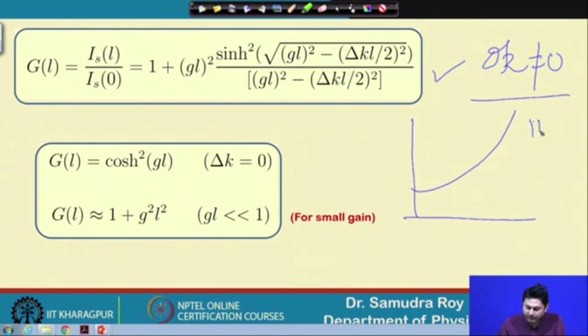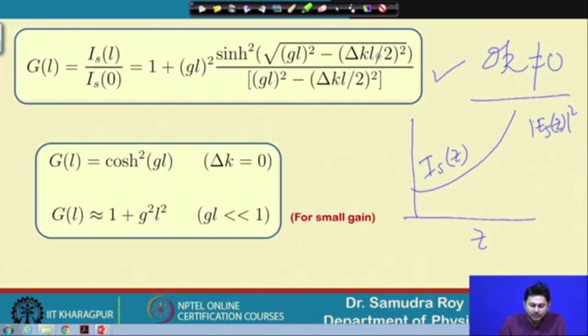This plot we have already shown, how the mod of V square, or the intensity of signal, is increasing with respect to z, and the plot was something like this. A similar kind of plot one can expect if someone plots this, and he will find that because of the presence of delta k, the amplification will not be that much, and it is going to restrict the condition.